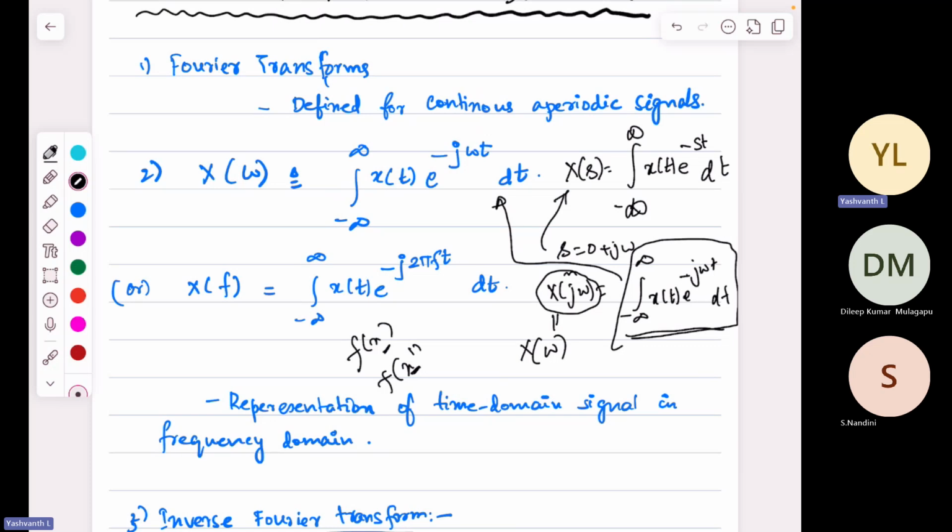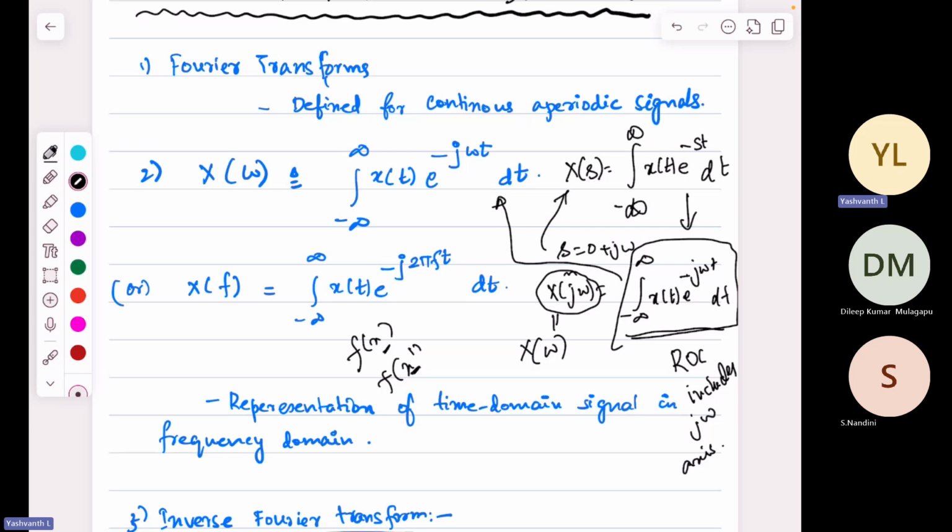You should be very careful in applying this. You can do this only if the ROC includes the j omega axis. Sorry, the unit circle is for the Z transform.